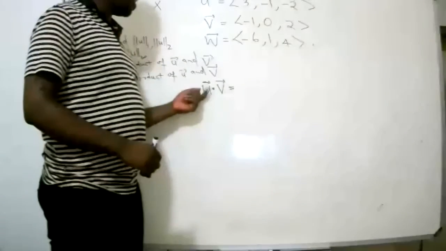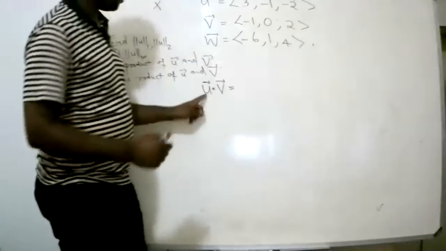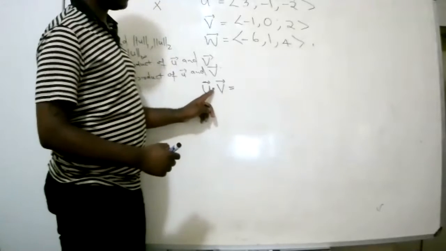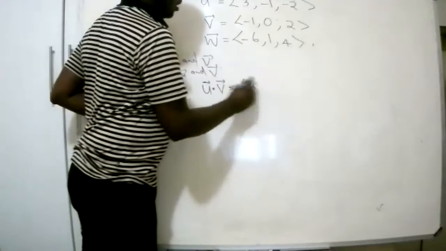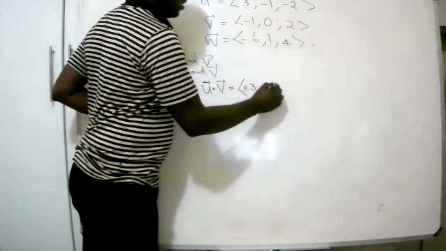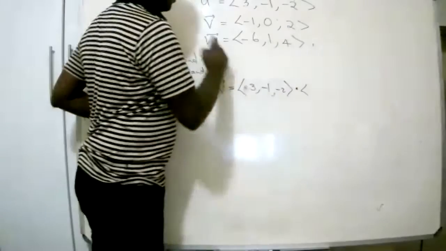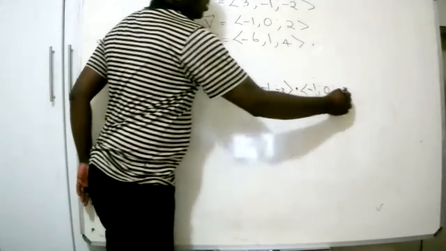So now if it is a dot, this is what we do. This is how we multiply the two vectors which are multiplied with a dot. So we have U, which is 3, -1 and -2, and the dot, and then V, which is -1, 0, and 2.